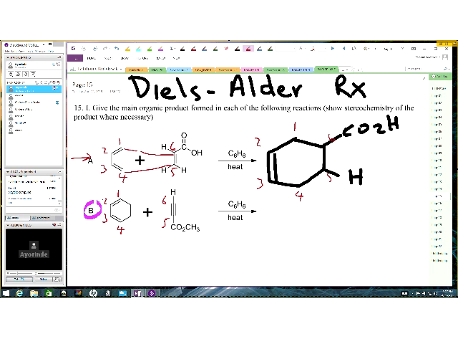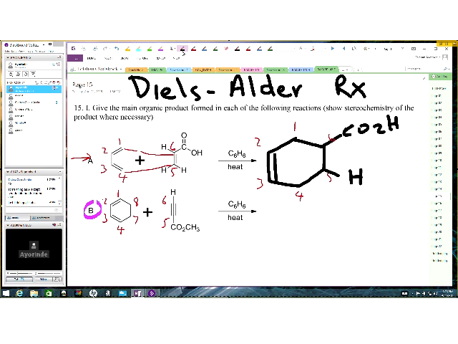Then go ahead and number the rest of the carbons if they are in there. You have a carbon attached to 1. The one attached to 4 I will call 7, and the one attached to 1 I will call 8.